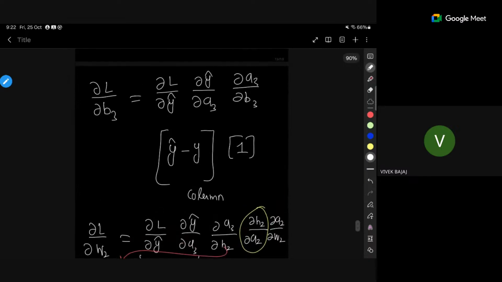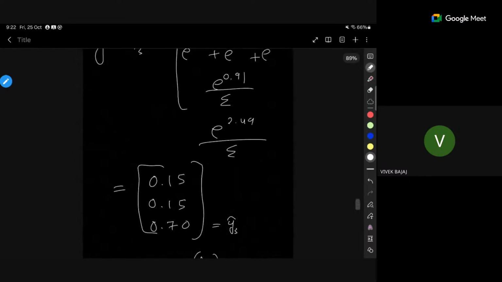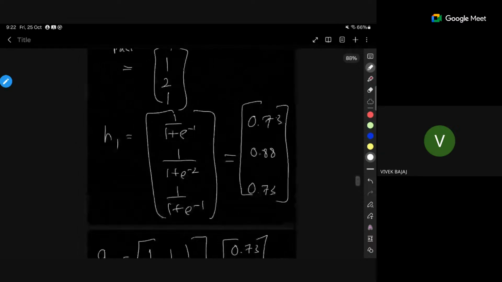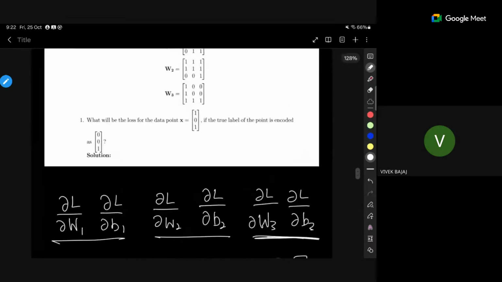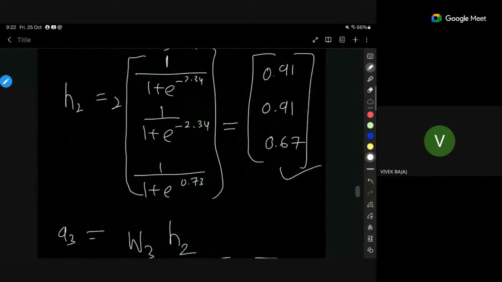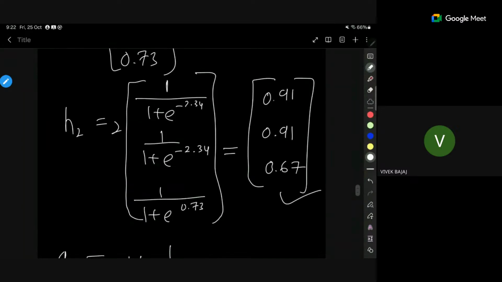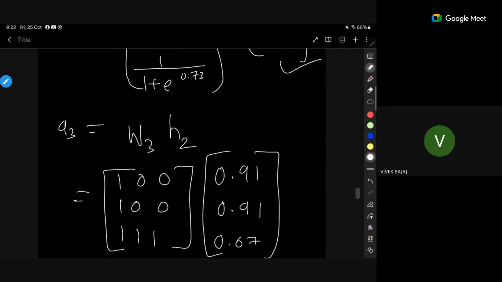No, we are still in the example, so we'll have 3 only. Because if you can see, this was my H2. We are solving this example here.